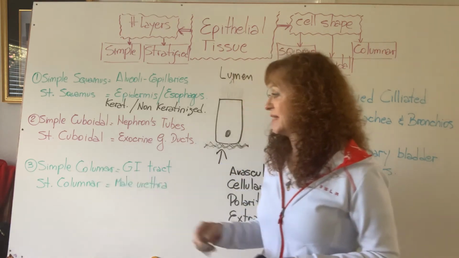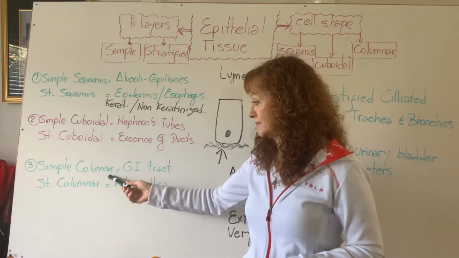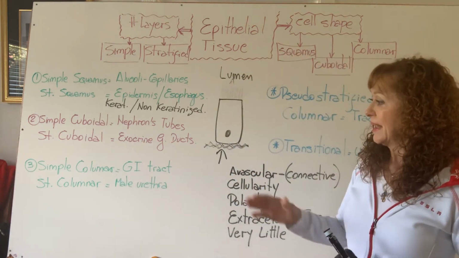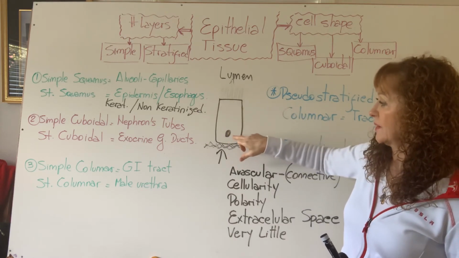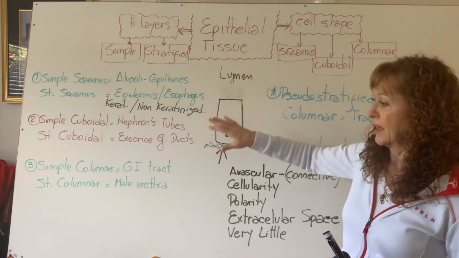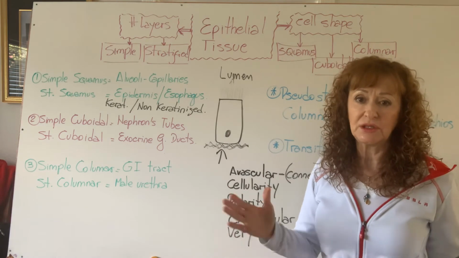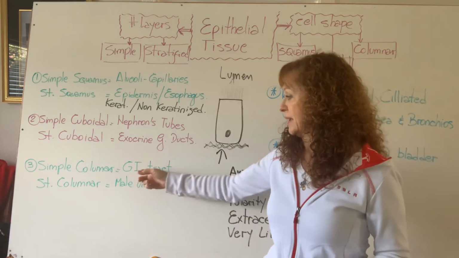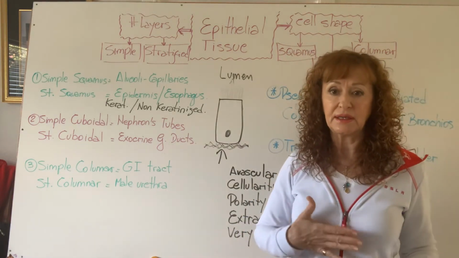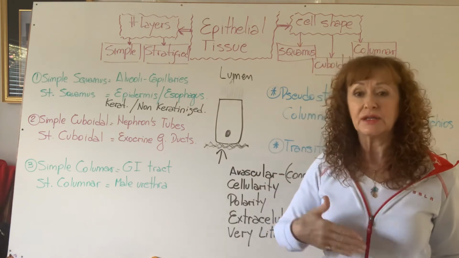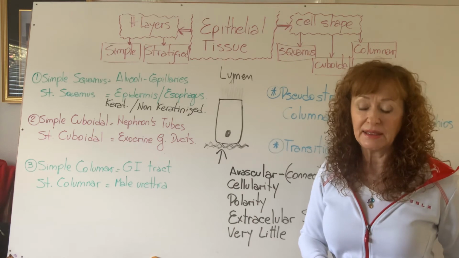Next, we have the simple or stratified columnar. The simple columnar, again, I draw the shape, a columnar shape with the basement area and the apical area. And simple columnar is very clearly found in the gastrointestinal tract, the GI tract.